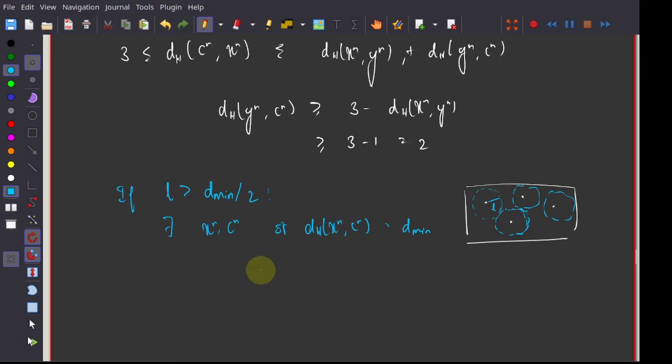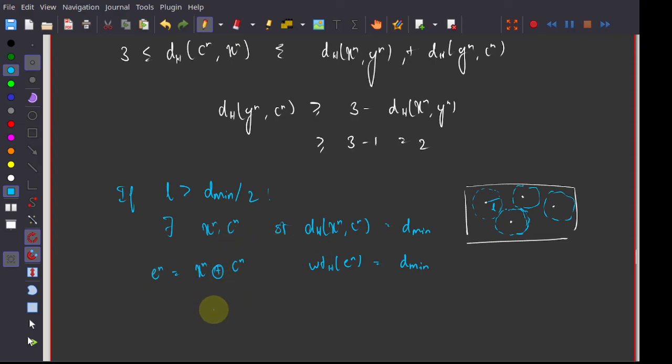So let me take xn plus cn. What can I say about the weight? Yes, this is exactly d min. Now I'm allowed to make whatever L errors, strictly greater than d min by 2.